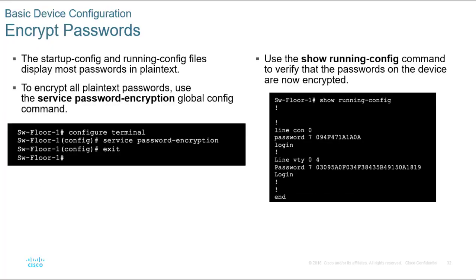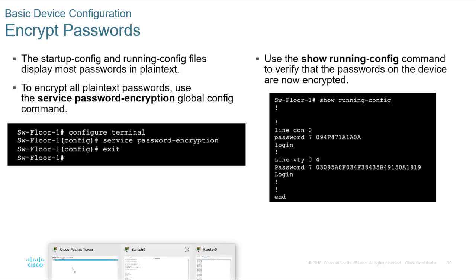So to encrypt our passwords, the default being having them in plain text, we're going to have to use a command to encrypt them. And that command is service password-encryption. And that is a global configuration command.